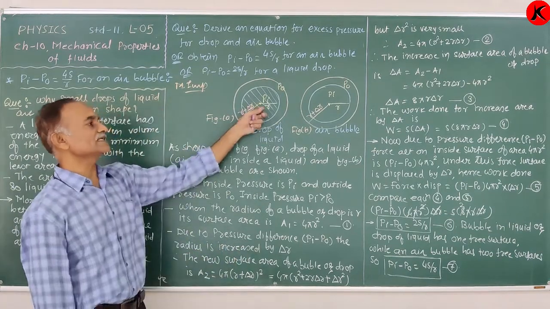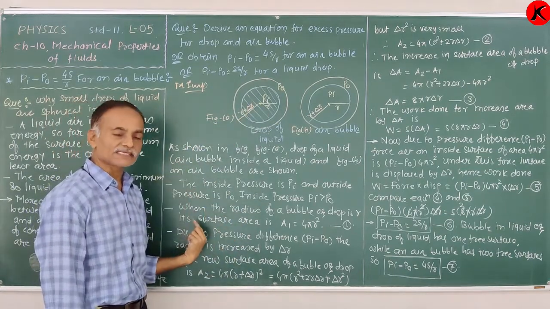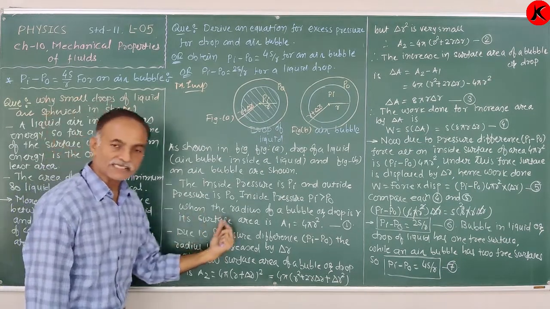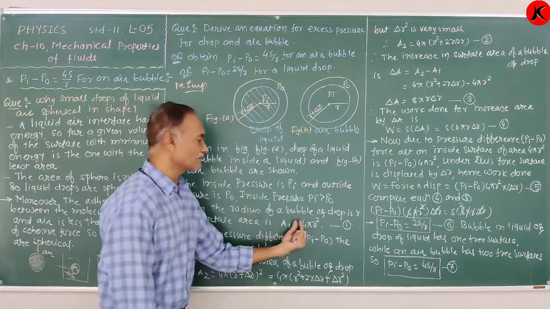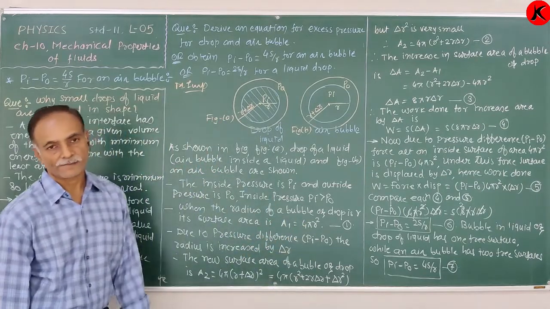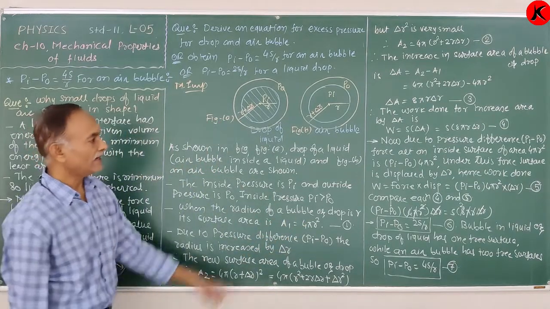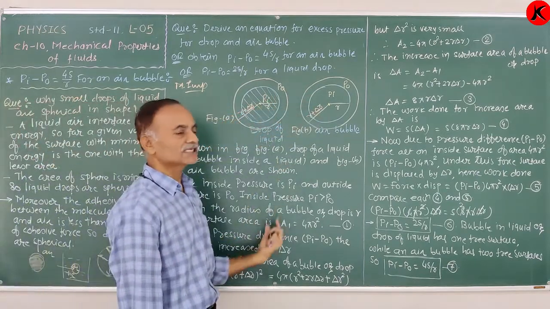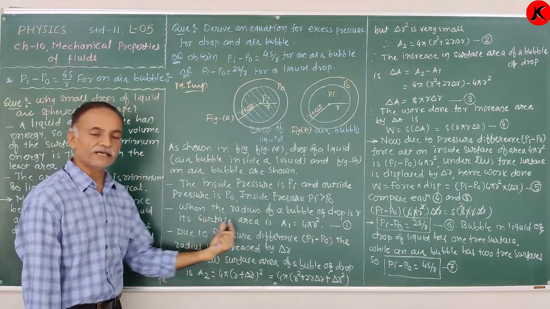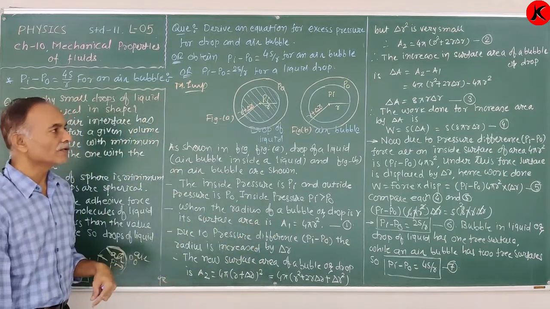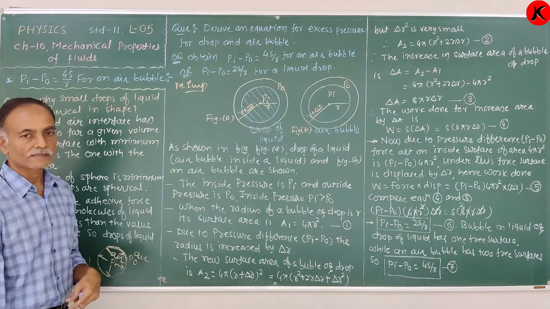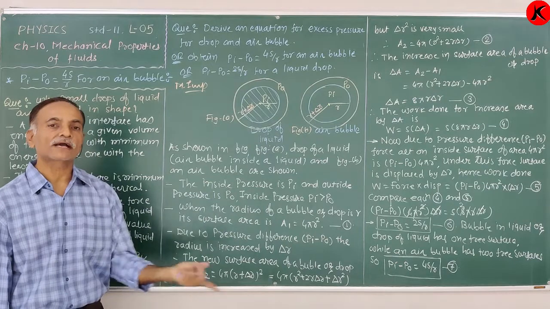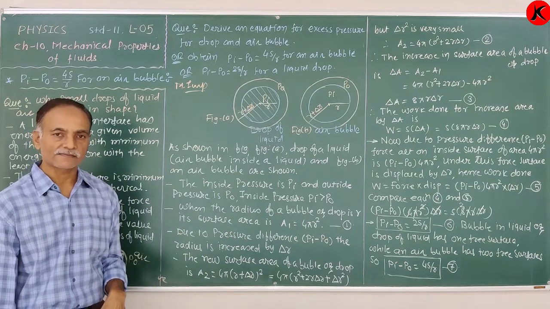Now, suppose the initial radius of the drop or bubble is R, so its surface area A1 is equal to 4 pi R square. Now, due to the pressure difference, inside pressure is much more compared to the outside pressure.